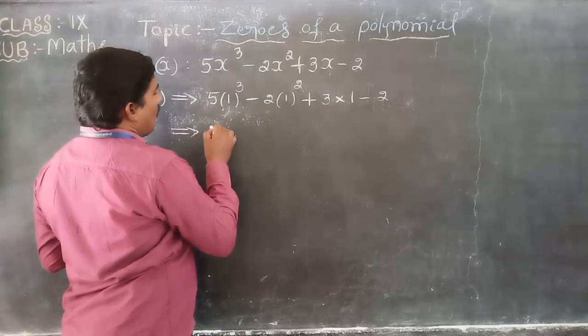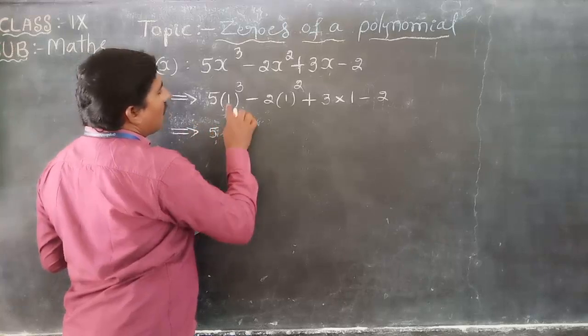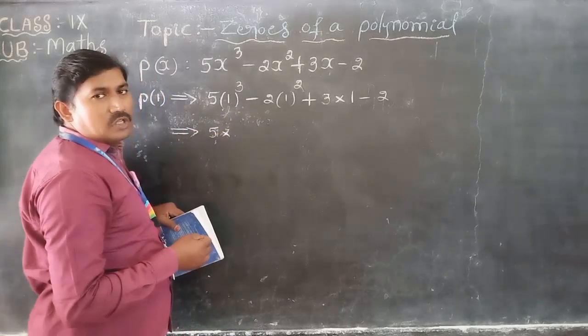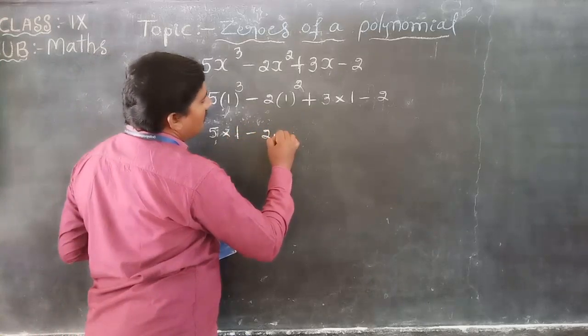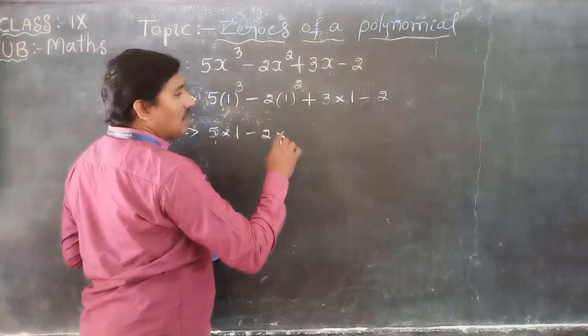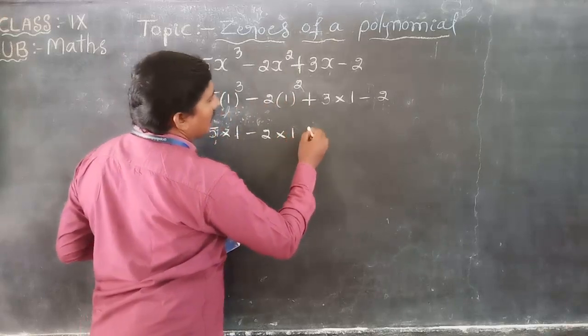That implies 5 into 1, and 1 multiplied any number of times gives 1 only. Minus 2 into 1 square, we will get 1 only.